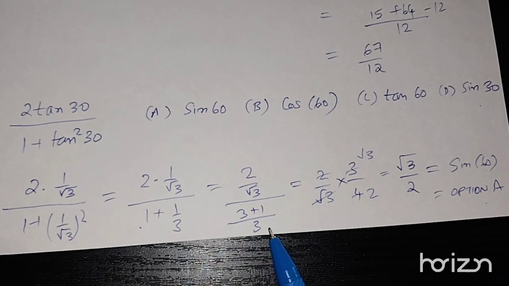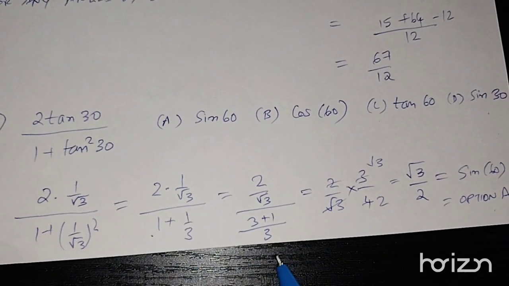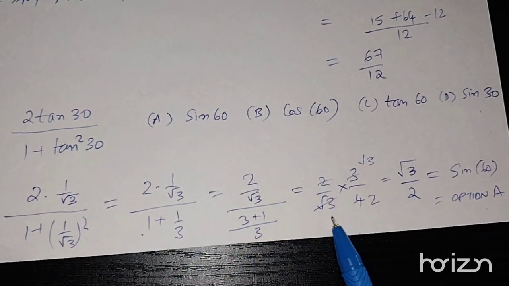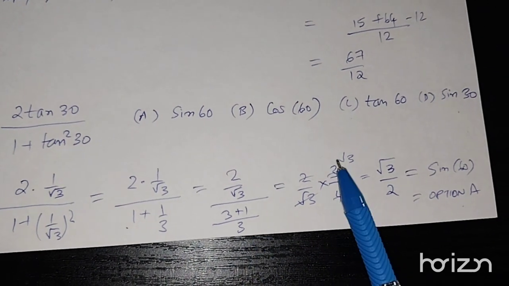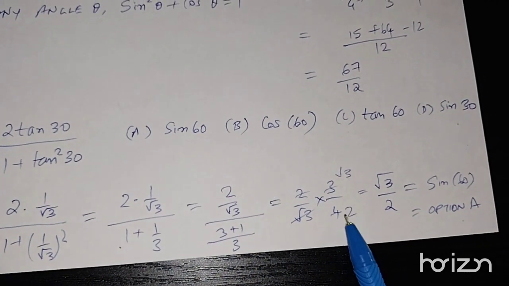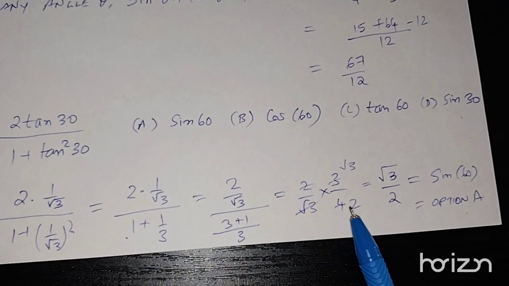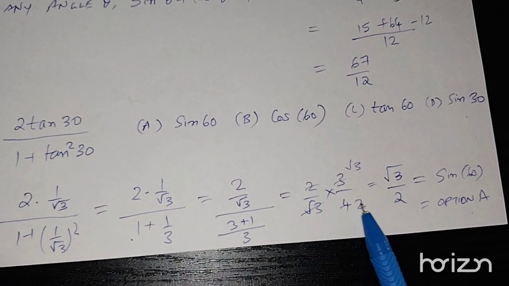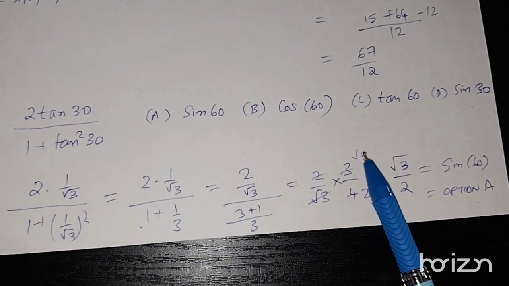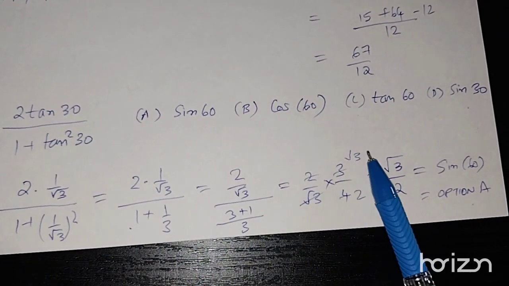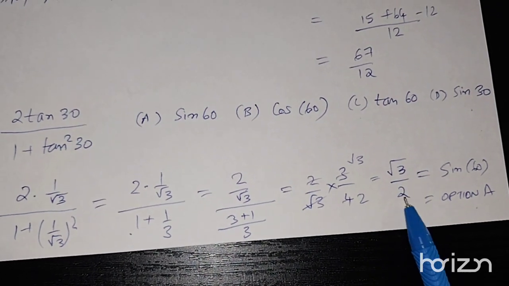So this is 4 by 3, and because there is a division here and this is a fraction, here we get 2 by root 3, and multiplied by this 3 will go up and the 4 will remain down. You can cancel 2 2s are 4, and root 3 cancels, root 3 remains. So finally what you will be left with is root 3 by 2.